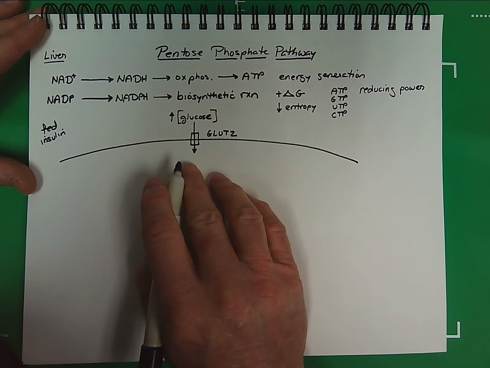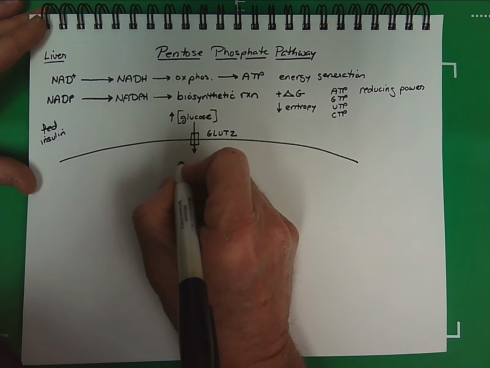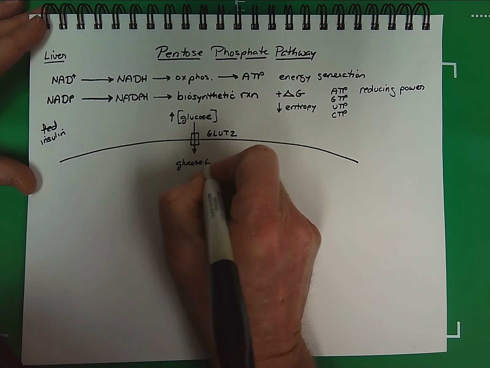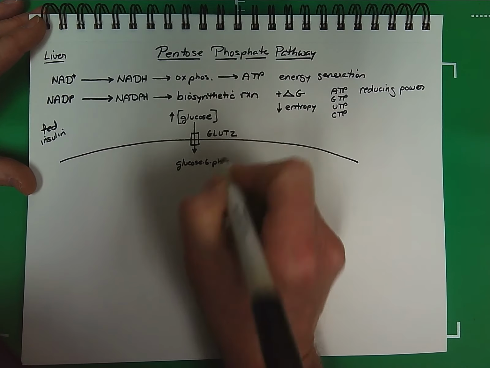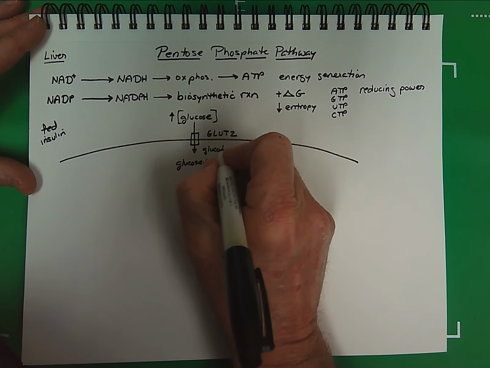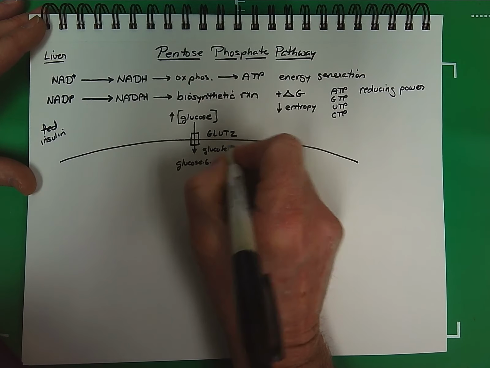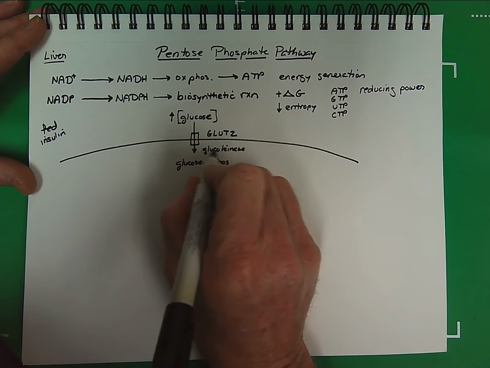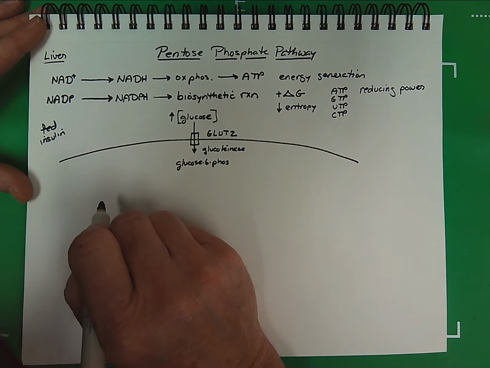So recall the first reaction of glycolysis in this reaction is to generate glucose 6-phosphate. This, of course, by this particular enzyme is called glucokinase. Remember that glucokinase is paired with GLUT2, whereas hexokinase is paired with the other glucose transporters.